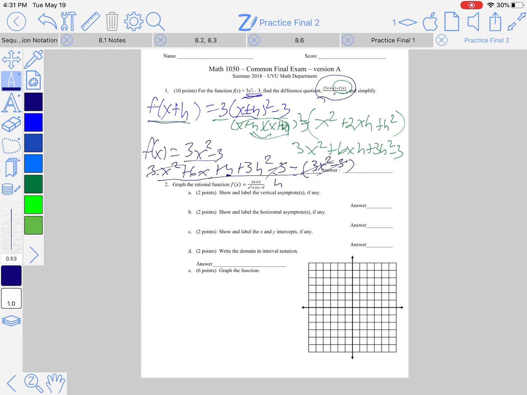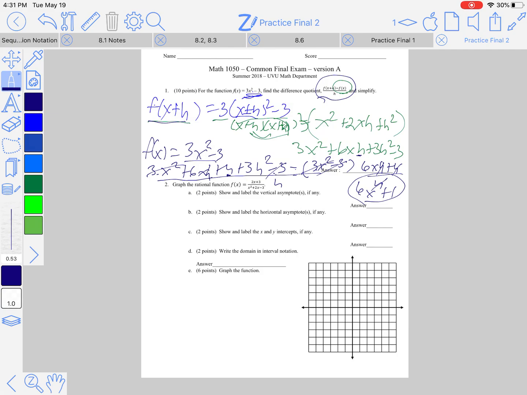That's going to give me 6xh. Don't forget that h there. Sorry, that's an h. So 6xh plus 3h squared all over h. But then the h's will simplify, giving me just 6x plus 3h. And there's my answer, 6x plus 3h. That's kind of crazy, but not too bad.